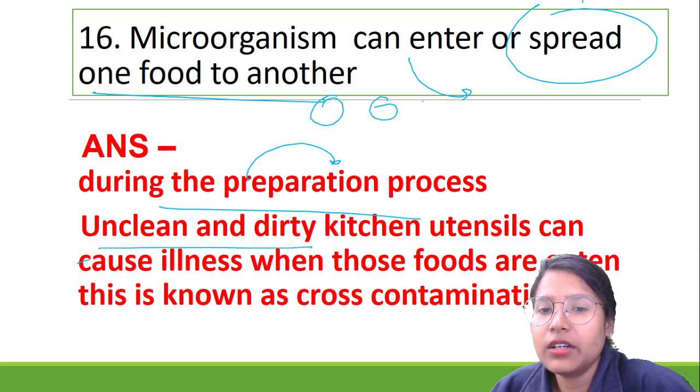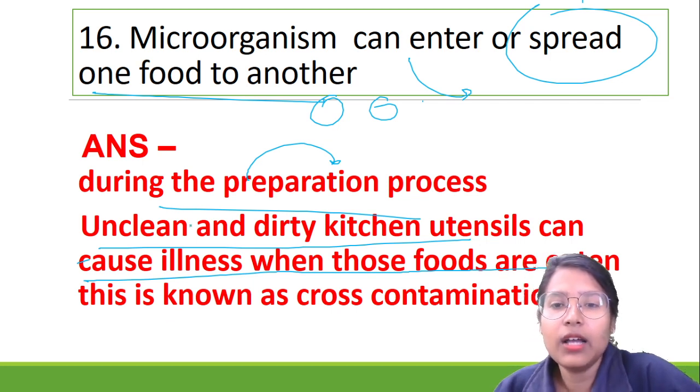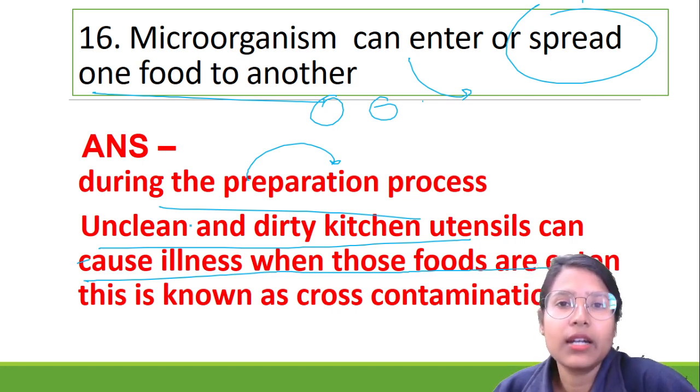Unclean and dirty kitchen utensils cause illness when those are eaten. If there are dirty, unclean utensils, there will be chances of causing illness if we take food from that utensil. So that is called cross contamination.